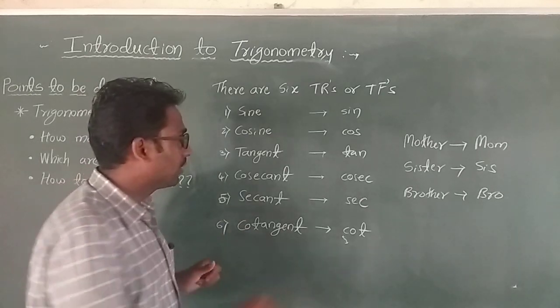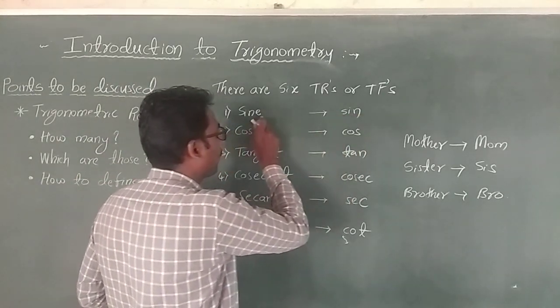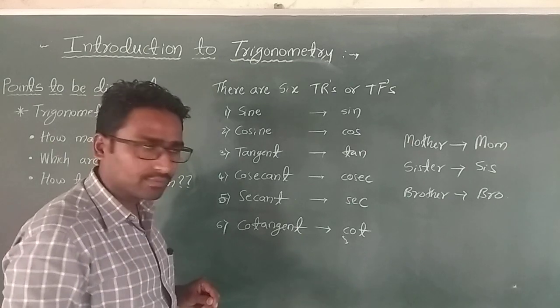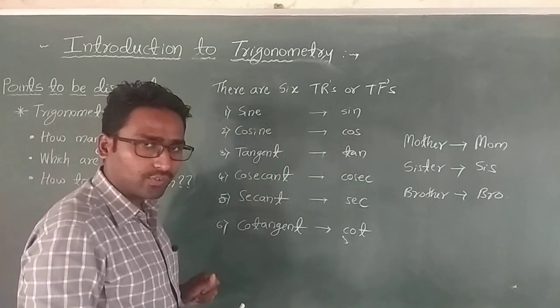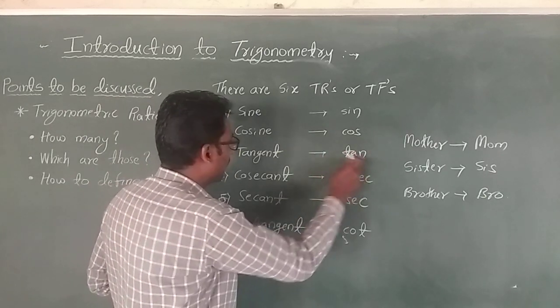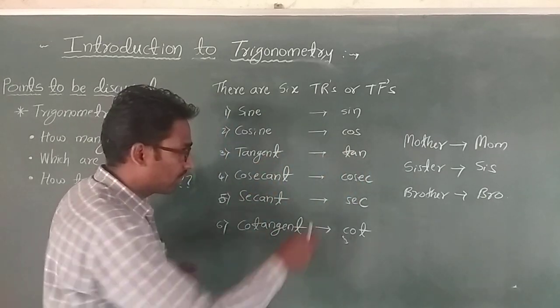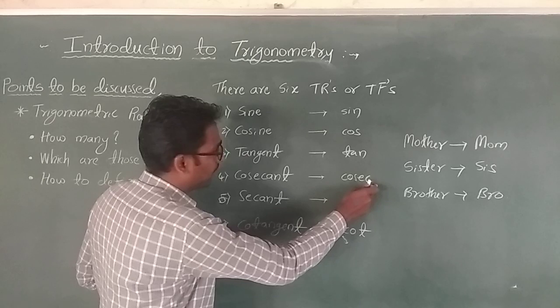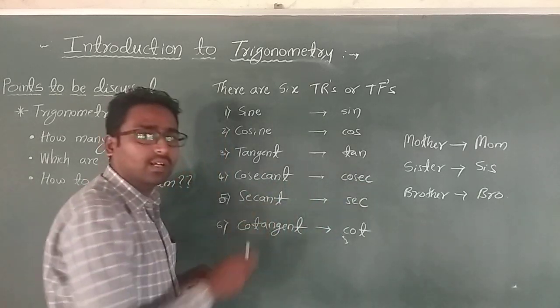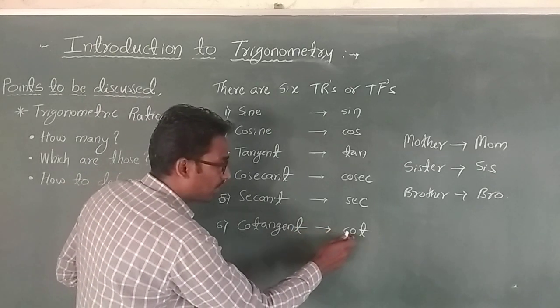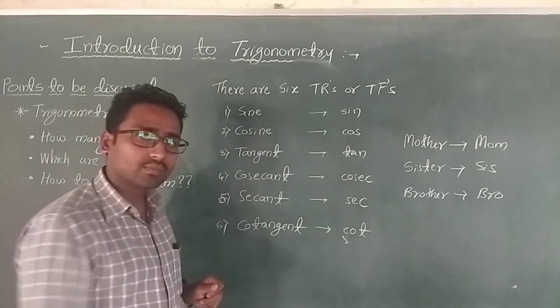They used sin for the first function sine, cos for cosine function, tan for tangent, cosec for cosecant, sec for secant, and finally cot for cotangent.